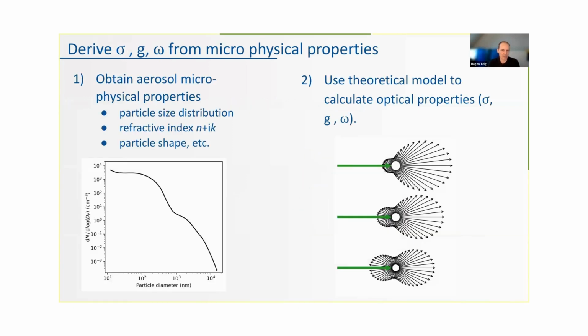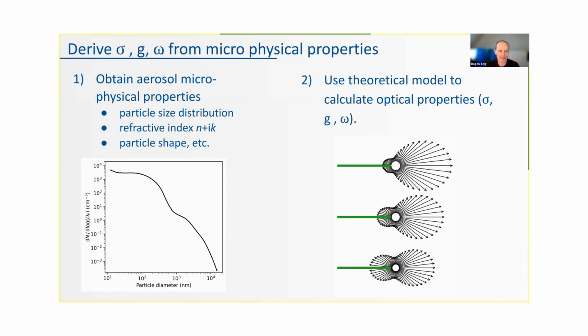So I want to set now a little bit the scene of this study, and for that, I go back to this slide I just showed earlier, and want to give it a little bit of a reality check. Usually, you do not measure all that many aerosol microphysical properties.